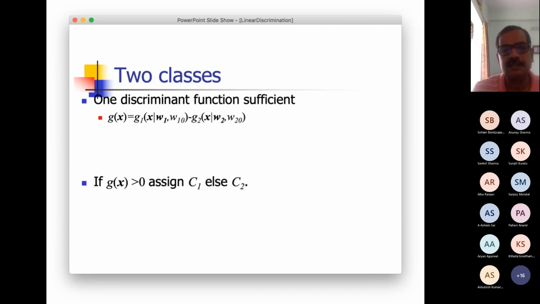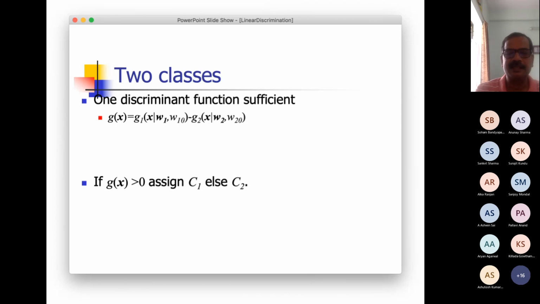Now, when we consider only two classes, we do not require two separate discriminant functions, because one function is sufficient. Since you are taking the maximum operation, you assign class C1 if G1 is greater than G2, or vice versa.